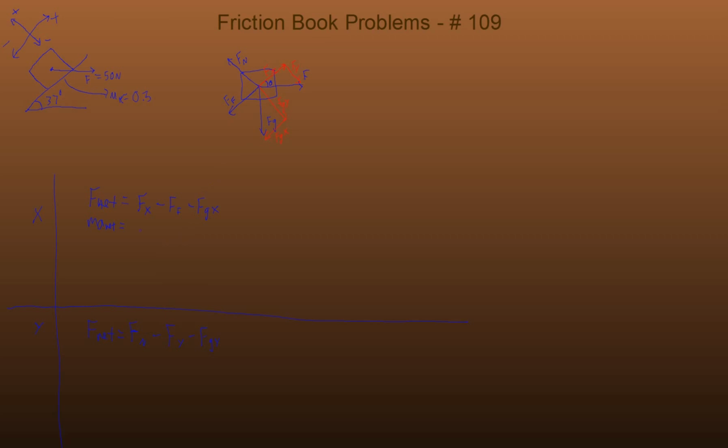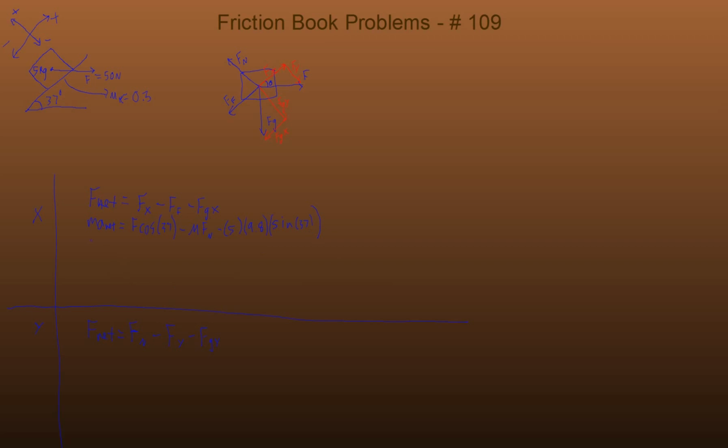And so Fx is adjacent to the angle, so this is going to be F cosine 37 minus mu Fn minus the weight, which is, what's the mass of this puppy? 5 kilogram block. It's 5 times 9.8 times, yep, sine of 37.